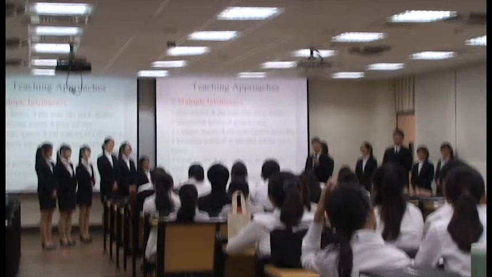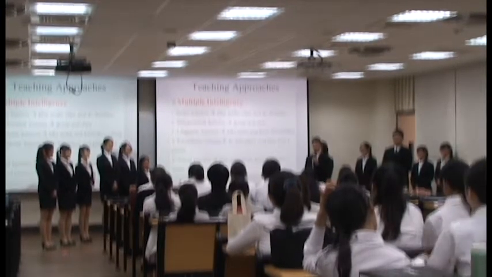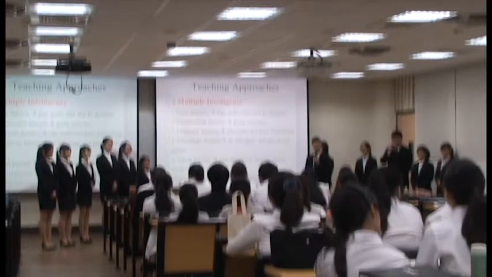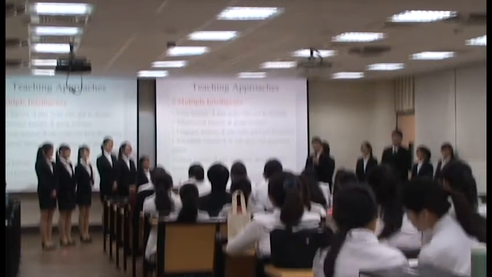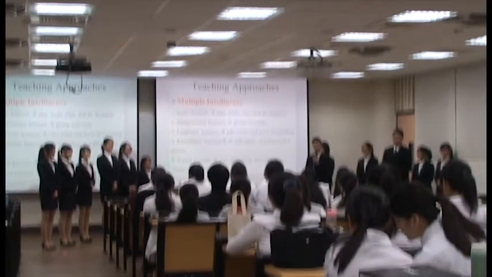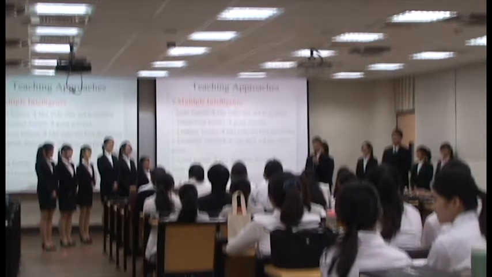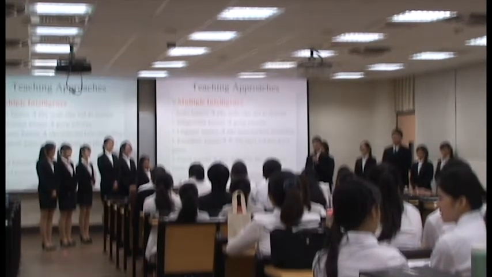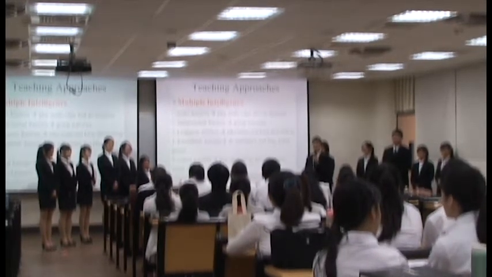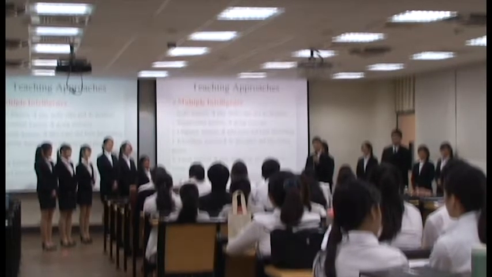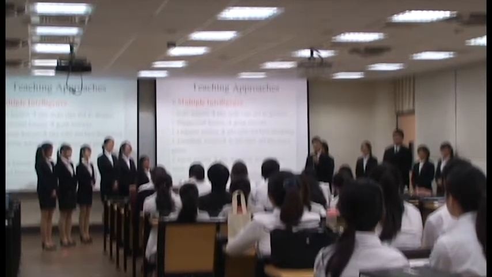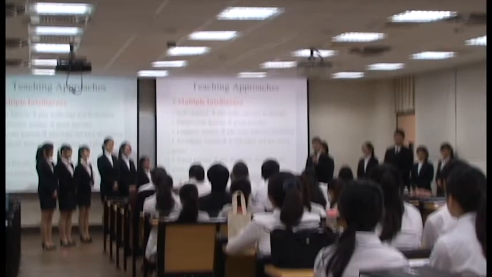For multiple intelligence, we focus on audio, interpersonal, linguistic, kinesthetic, and visual. For audio learners, we will play audio clips and do dictations. For interpersonal learners, we will put students into groups in some activities, such as sending emails, recording tapes, and playing board games.